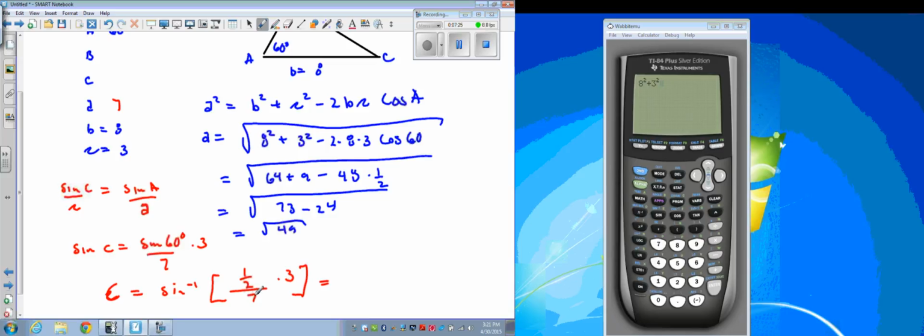So this stays in the denominator, so it's 3 over 14, isn't it? I don't know how we can do sine inverse of that. No, sine of 60 is the square root of 3 over 2. Correct? Cosine was half. You notice that? So it's times the square root of 3, right?